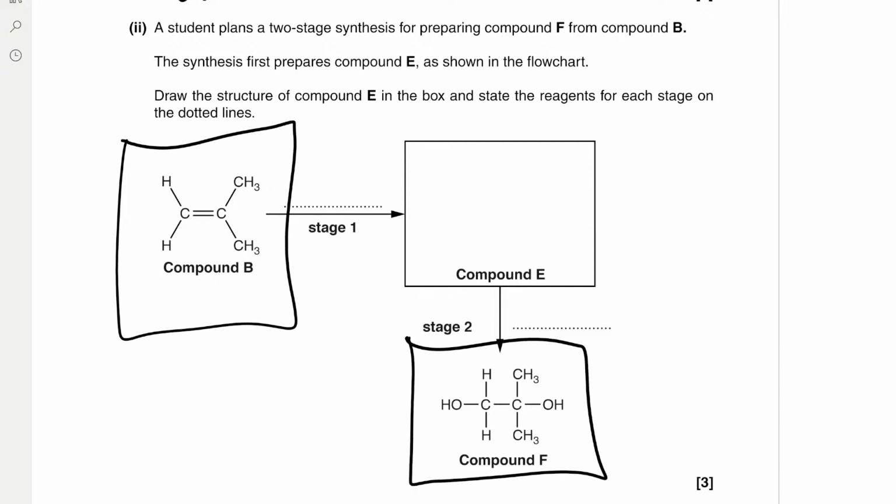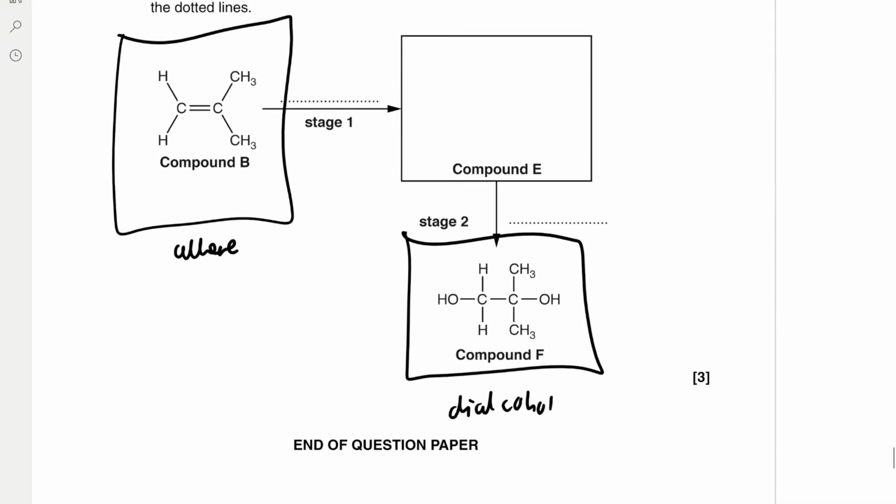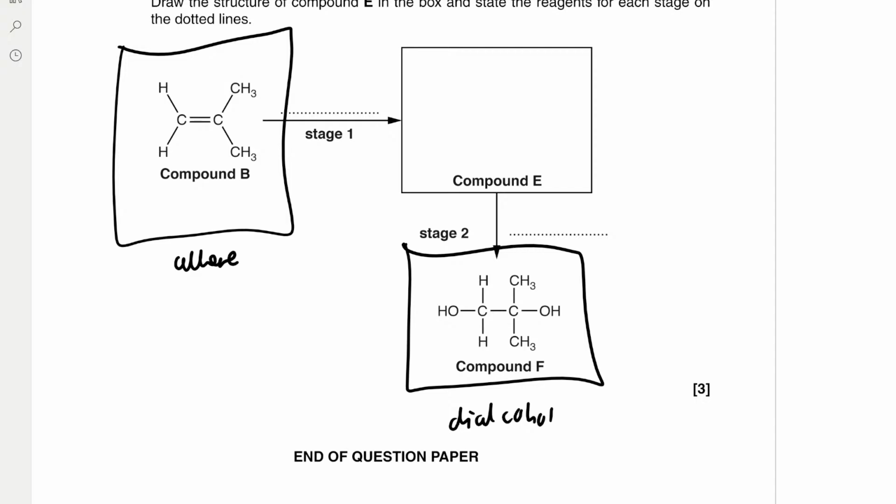So we're starting with an alkene, and we're finishing with a dialcohol. We've got the same number of carbons, 1, 2, 3, yeah, 4. So we need to consider how we're going to get there, and what our intermediate is going to be.